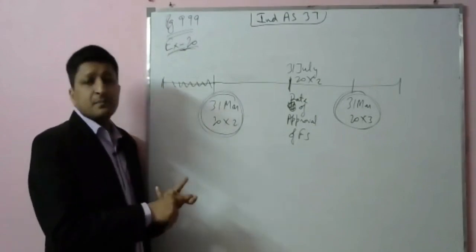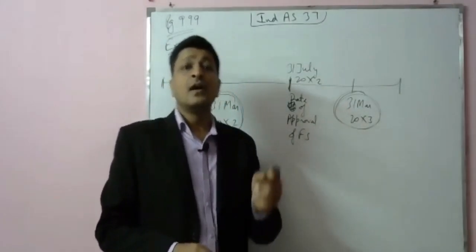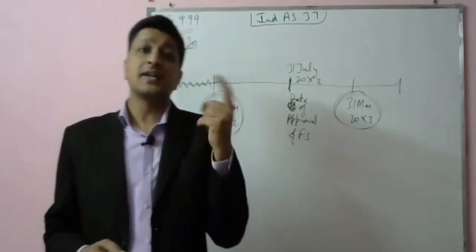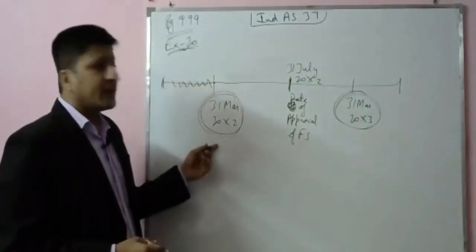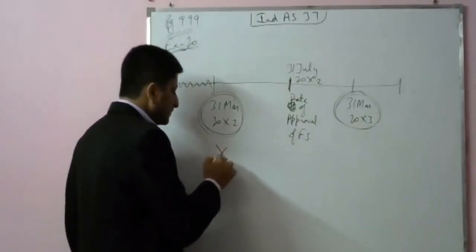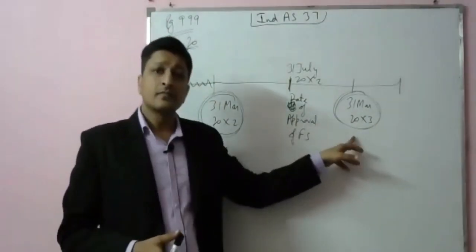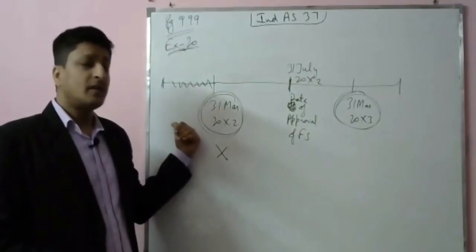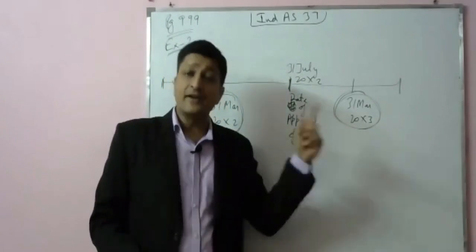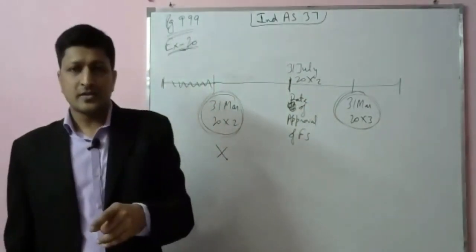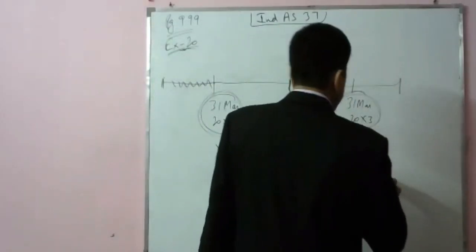So even though there is a past event, and because of this there is a present obligation, but that present obligation results in a liability amounting to rupees nil. So that's why do we create a provision over here? But moving on to next year, there has been a past event for which present liability or present obligation exists and for which outflow will also take place. Therefore, will the provision be created on this year? Yes.